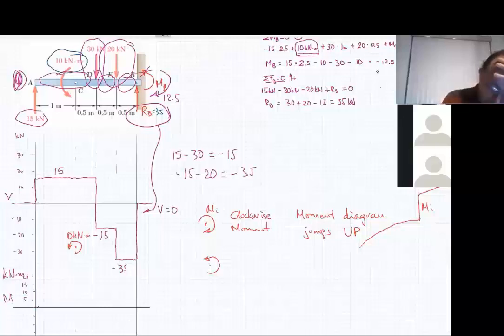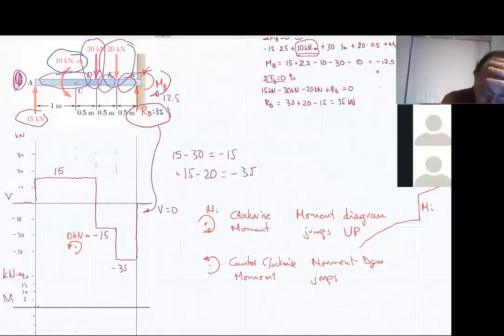See? If you find a counterclockwise moment in your beam, then your moment diagram jumps down.